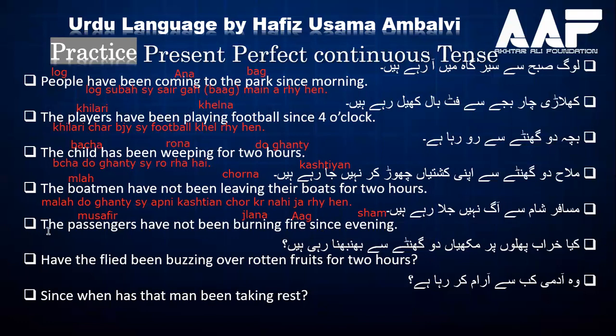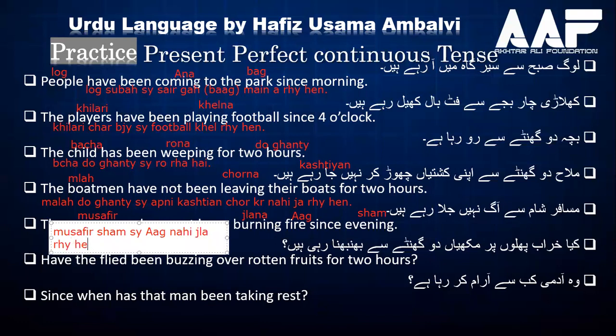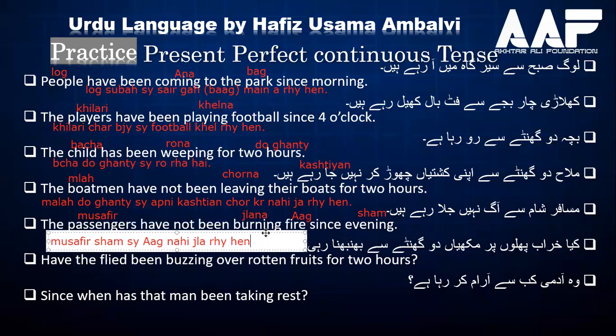So we will write it like musafir sham se aag nahin jala rahe hain. The passengers have not been burning fire since evening. It means musafir sham se aag nahin jala rahe hain.